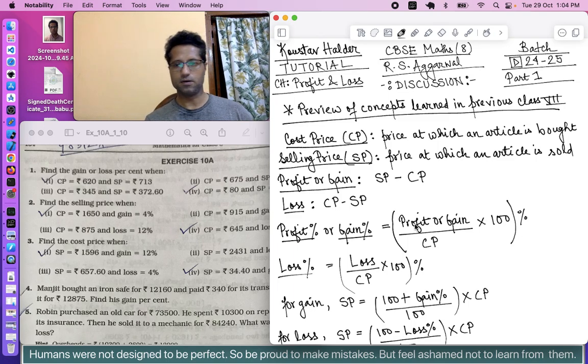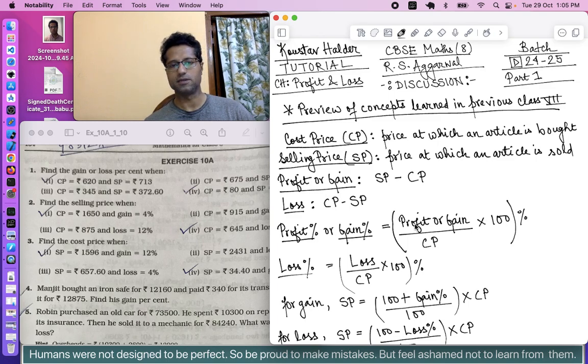Whenever you purchase something, the cost at which you purchase or buy something, it could be anything, some electronic goods, books, anything, is known as the cost price, and it is abbreviated as CP. The selling price is the price at which you sell an item that you have previously purchased.